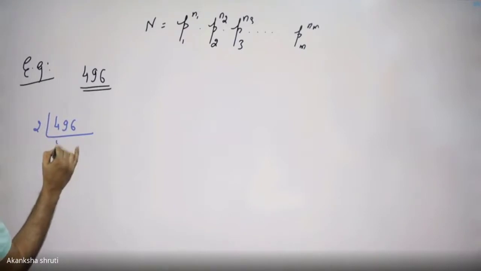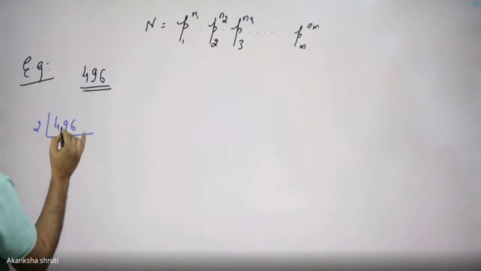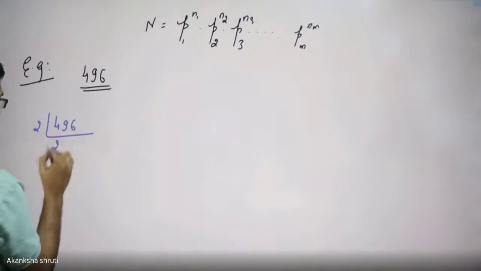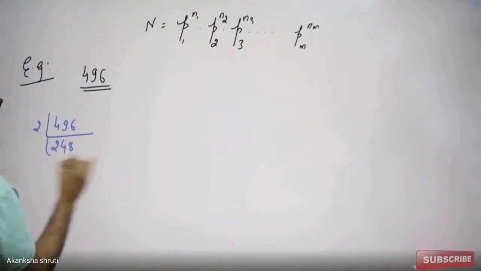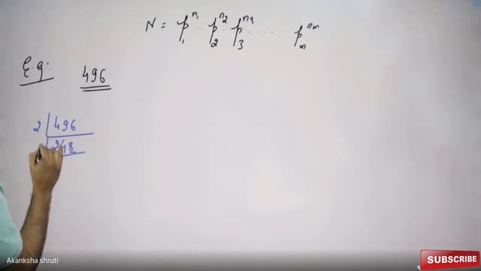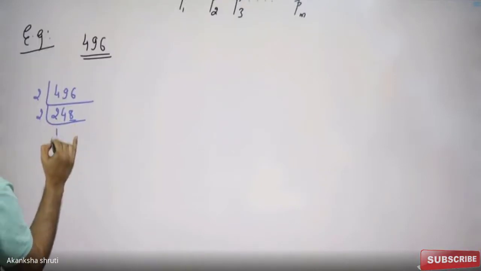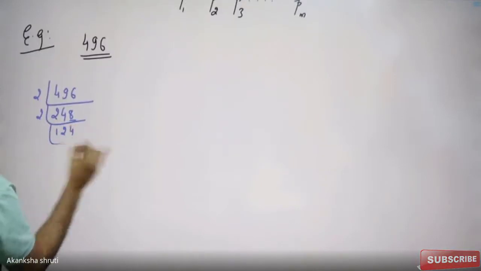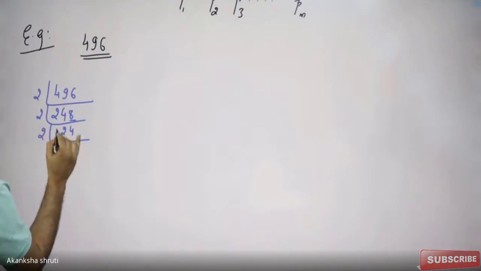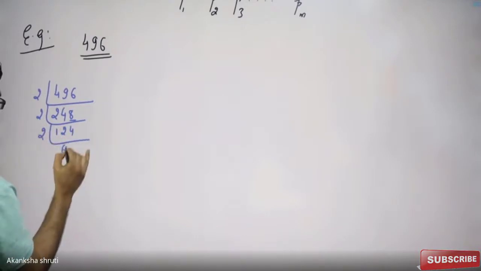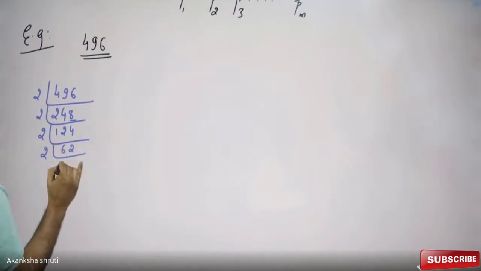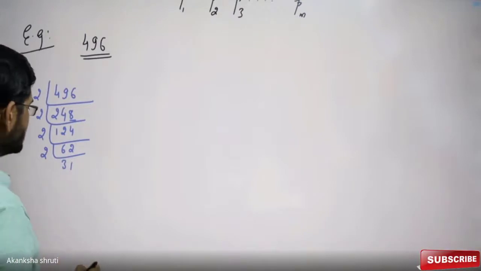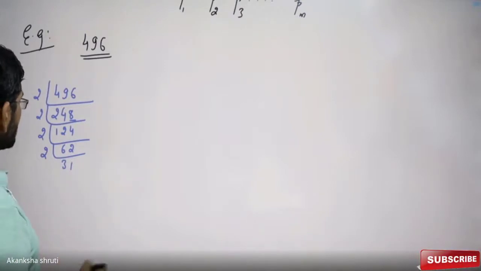Go for dividing. 496 by 2 is 248, then 124, still divisible by 2, it becomes 62 and then 31. Now 31 is a prime number.